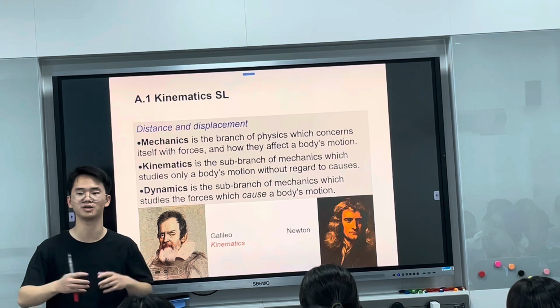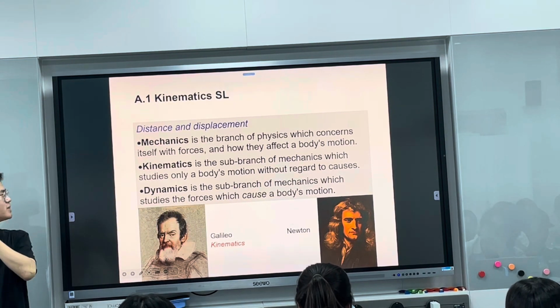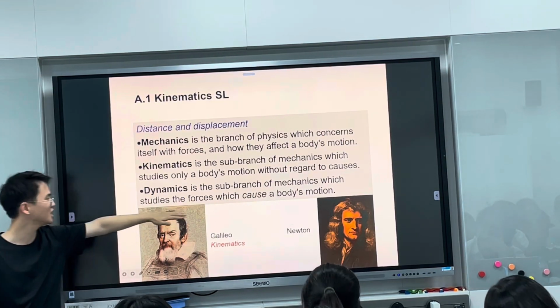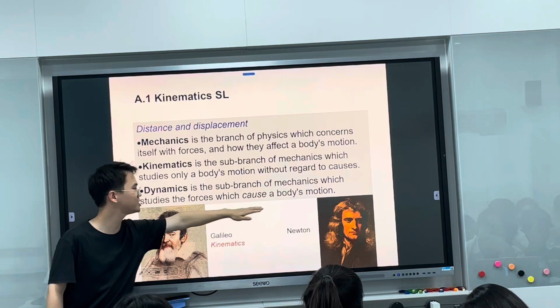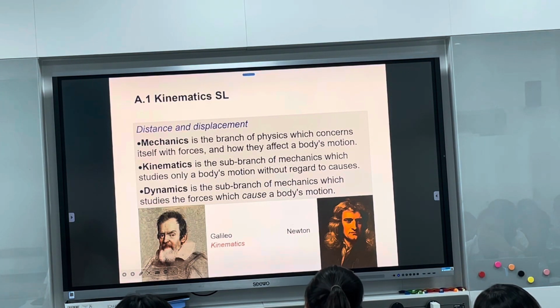So it's related to the motion, right? Without concerning its causes. And dynamics is the sub-branch of mechanics which studies the forces which cause the body's motion, which translates to Chinese as 动力学.